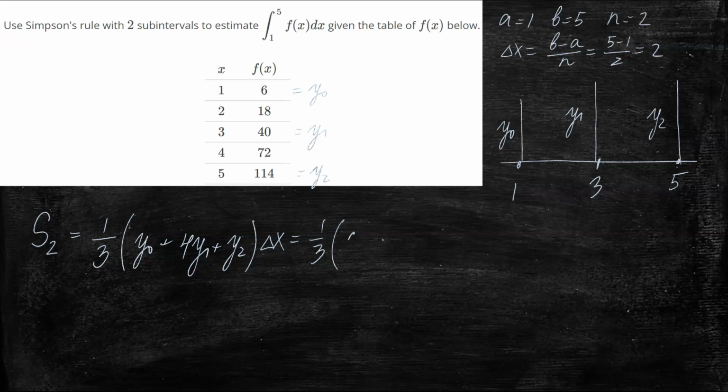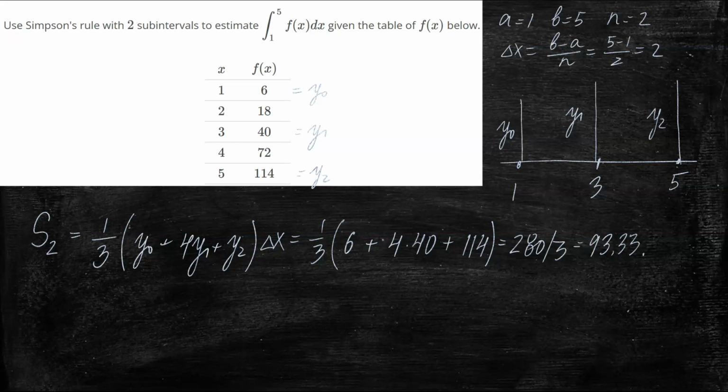So y0 is 6, y1 is 4 times 40, and y2 is 114. So we have 160 plus 120, that's 280. 280 divided by 3 is 93.3, and we would round it, right? So this was very simple.